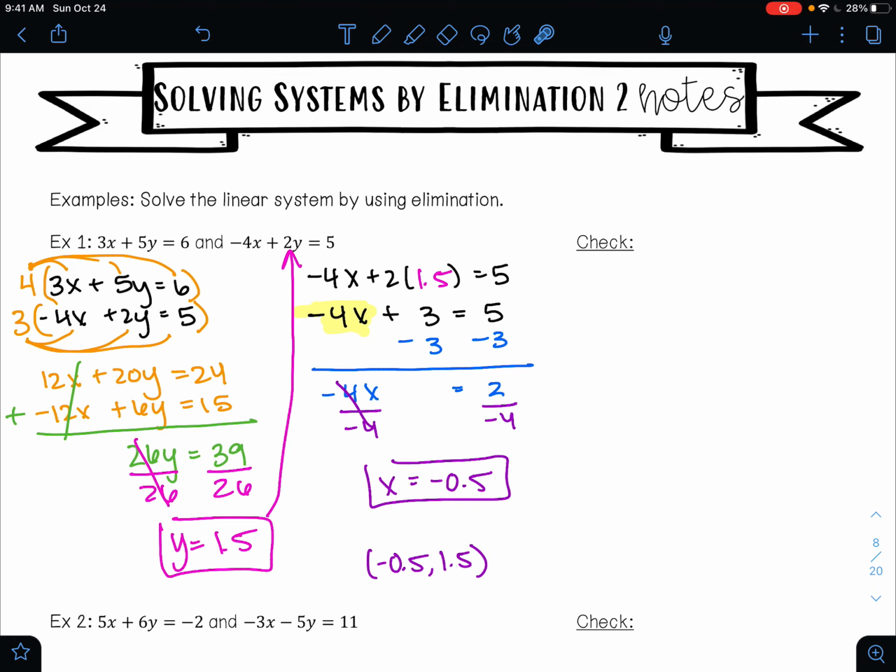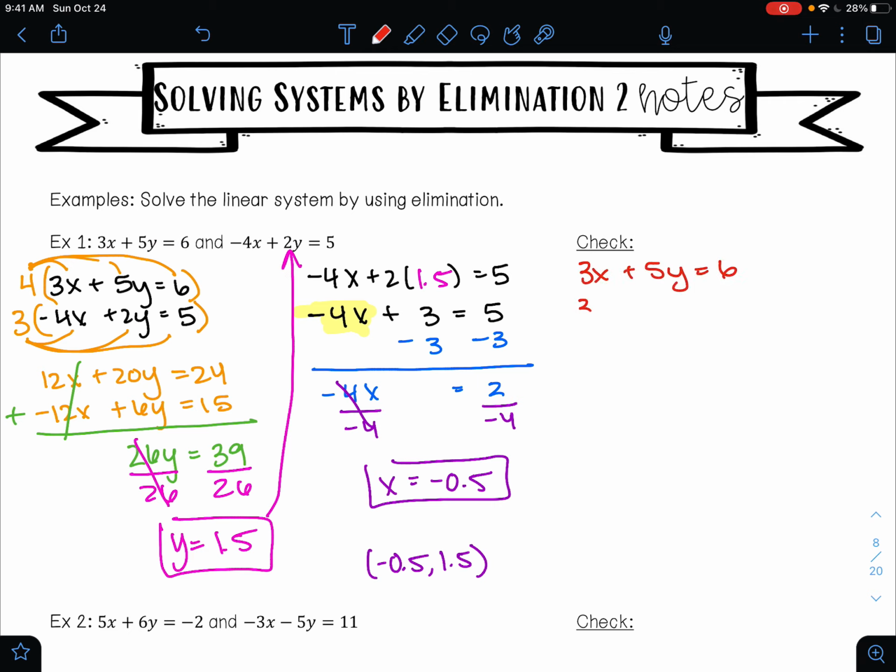And so it is more than okay to get decimals when you are doing these problems. You'll know if you're right or not by checking your work. So that's why the check is so important. Because if you're like, I don't know if this is right, check it and find out. So I'm going to plug into the first equation that's right here. So that first equation is 3x plus 5y equals 6.